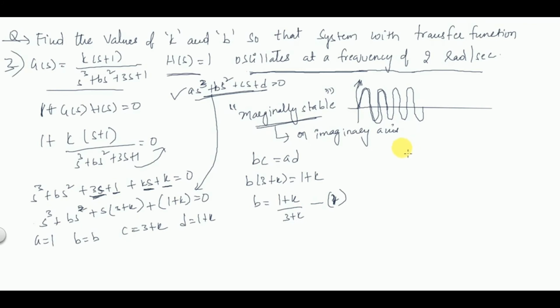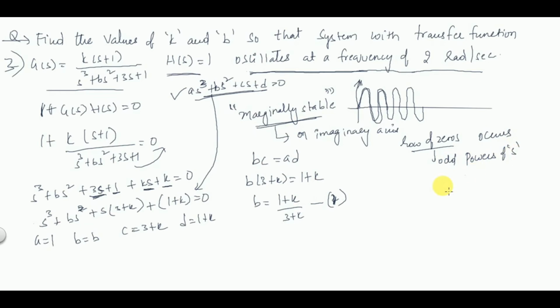When a marginally stable system is there, you should have the frequency of oscillations, that is, the auxiliary equation. Yes or no? A row of zeros occurs once. So when can the row of zeros occur? Only in odd powers of s row.